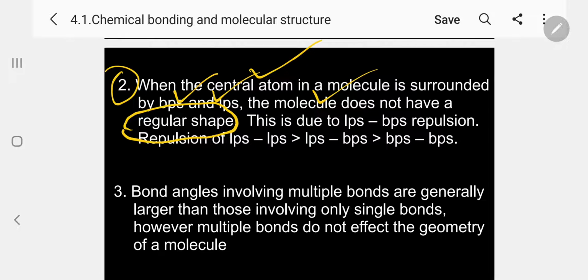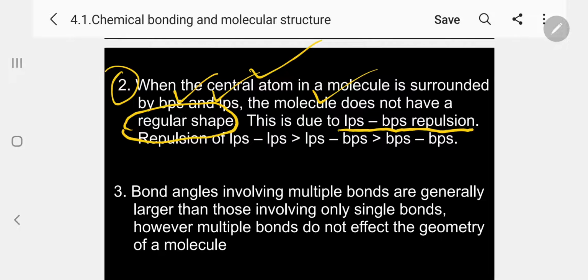In the presence of lone pairs, the normal shape expected from the hybridization will change. So what is the reason? This is due to lone pair bond pair repulsions.